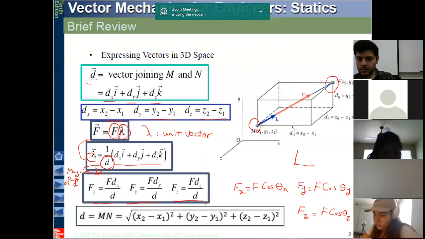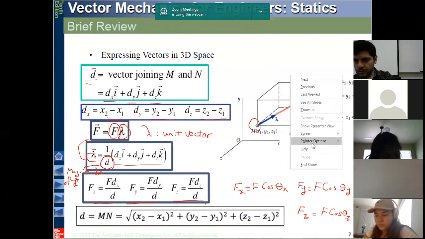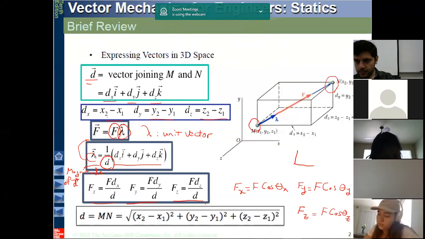So if I have Cartesian coordinates, if this is my vector, this is x, y, z, and this is theta x, theta y, and theta z, so these thetas are the angle between the vector and the corresponding axis.